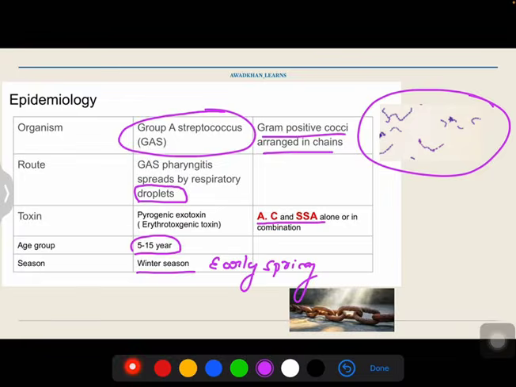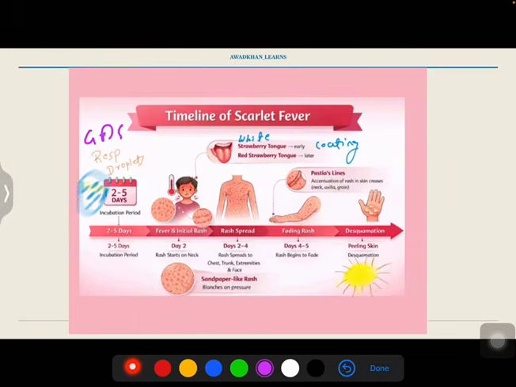Okay, this is to show chain like arrangement. This image shows timeline of scarlet fever. The scarlet fever is caused by group A streptococcus with respiratory droplets. Incubation period is about 2 to 5 days, and on the second day of fever, rash starts.